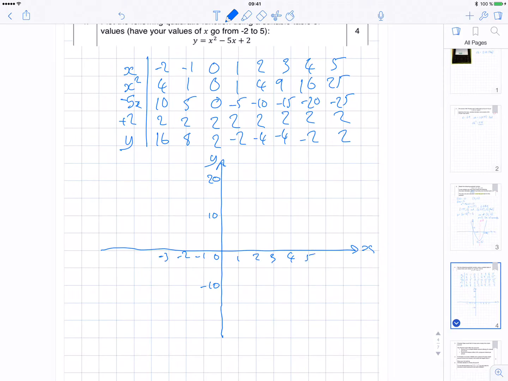So we have minus 2 plotted against 16, minus 1 against 8, 0 against 2, 1 against minus 2, 2 against minus 4, 3 against minus 4, 4 against minus 2, and 5 against 2. So I have to put in my curve that goes through all those points, and that was for 4 marks.